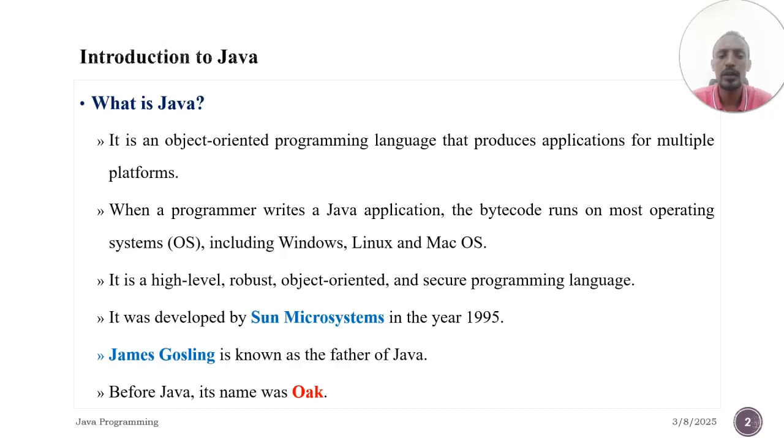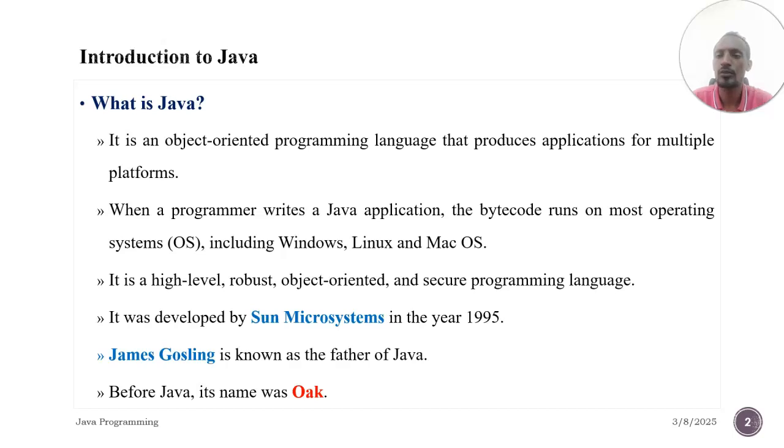It was developed by Sun Microsystems in the year 1995, Gregorian calendar. During that time, the founder of Java is known as James Gosling.